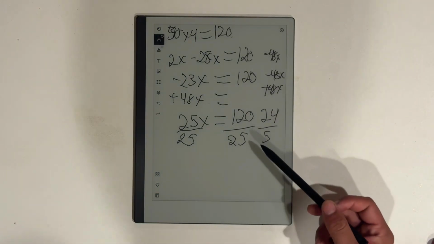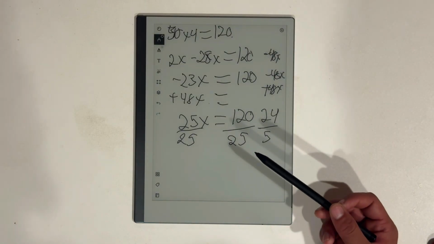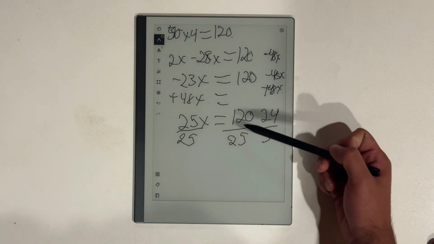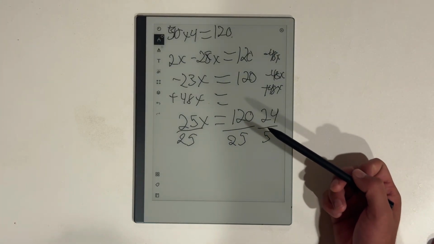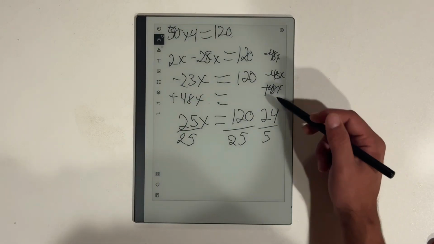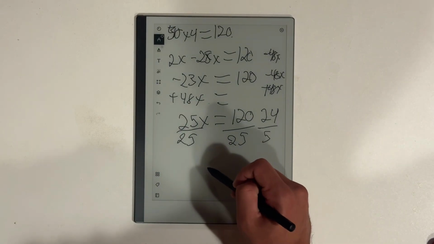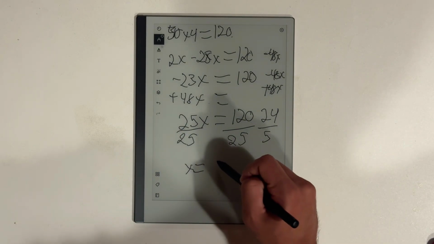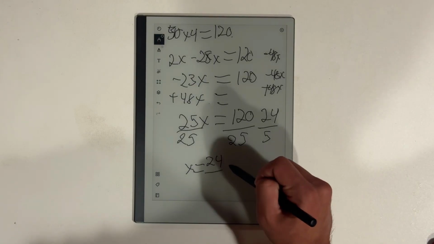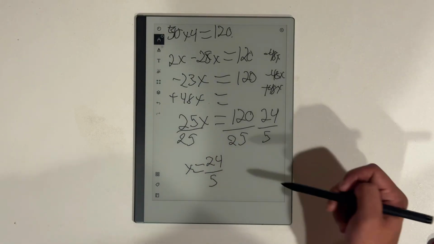And why we divided those by 5 was because that 5 goes into 25 and 120. So your final answer will be x equals 24 over 5.